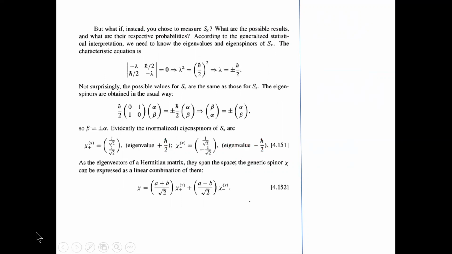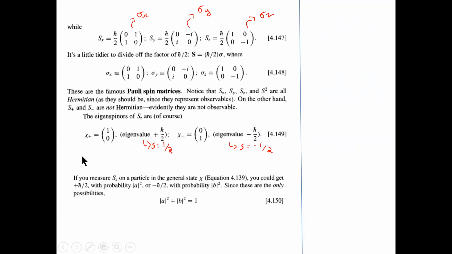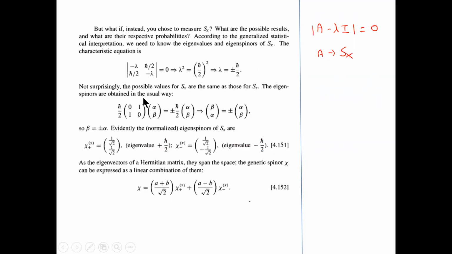We know this theorem, right? How do you find the eigenvalues? The determinant of A minus lambda I is equal to 0. In place of A, you just substitute the matrix Sx, which we wrote out here. So you put that in, get the characteristic equation and solve for the eigenvalues.